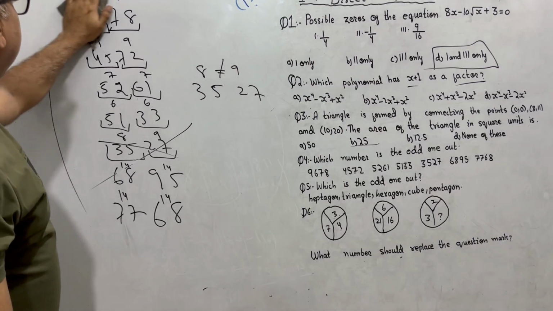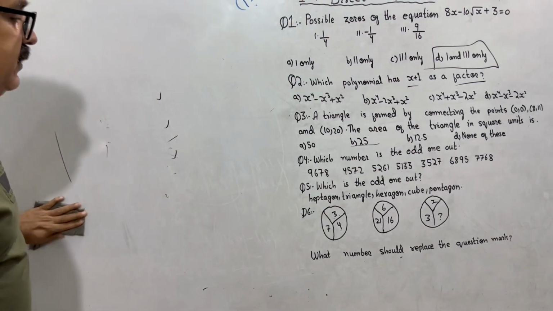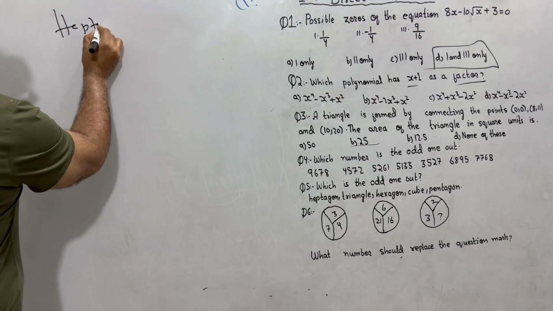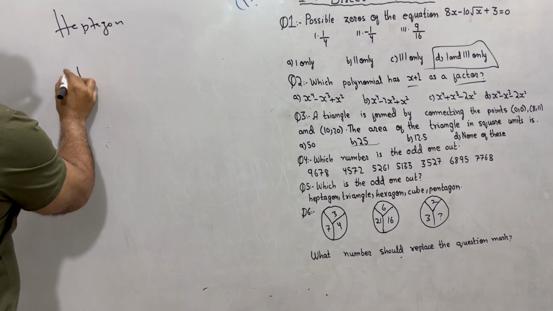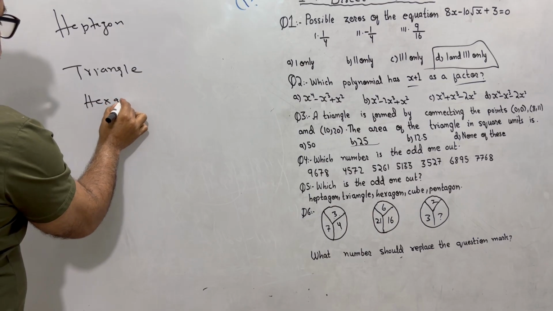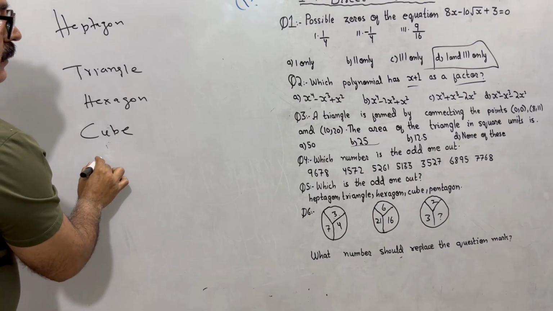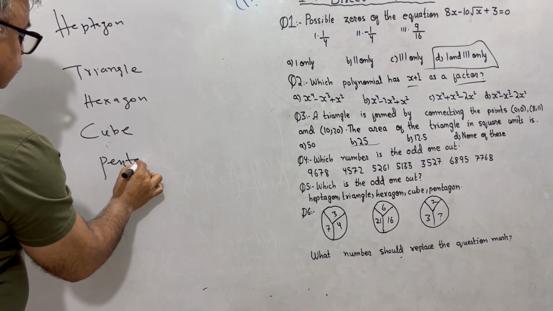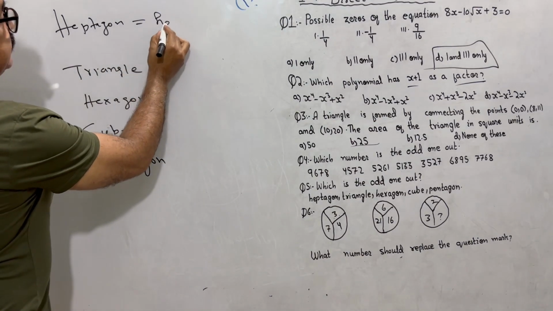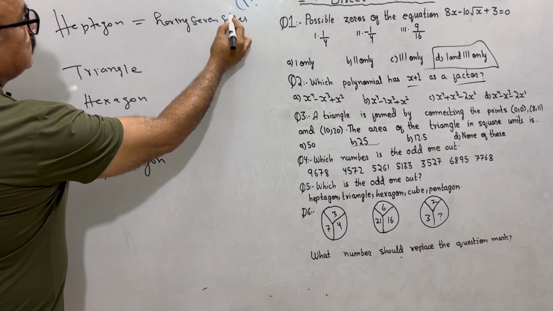Next one, a good question based on geometry. We have been given the names of some figures: heptagon, triangle, hexagon, cube, and pentagon. Look at the heptagon, having 7 sides.